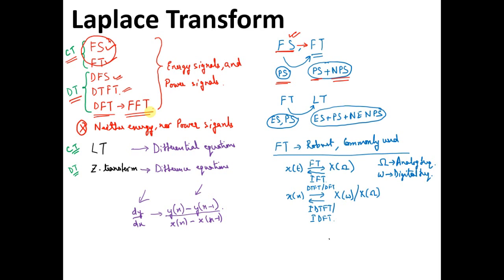So the discrete Fourier series and the discrete Fourier transform were analogous to the Fourier series and the Fourier transform, which were meant to analyze continuous time signals. Right. Now, in both these cases, what happened?